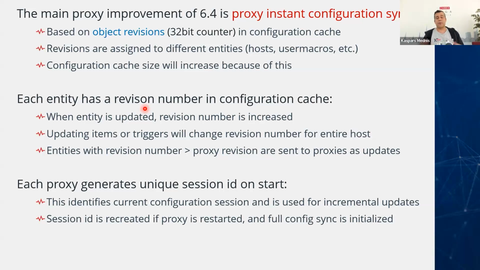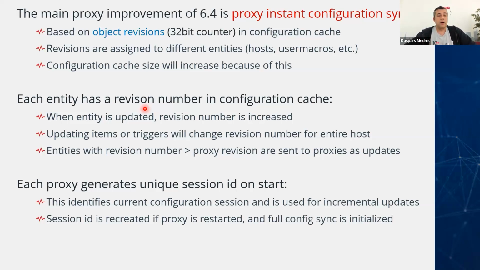And then when the proxy is doing config sync, it compares revisions for all objects. If the revisions match, no need to update anything. If the server has a newer revision, then this update will be sent to the proxy. Another very simple idea.